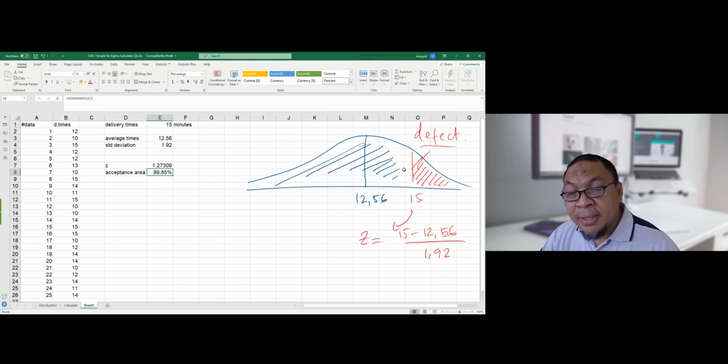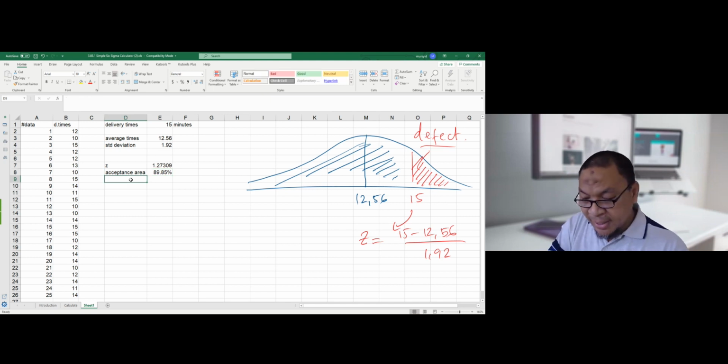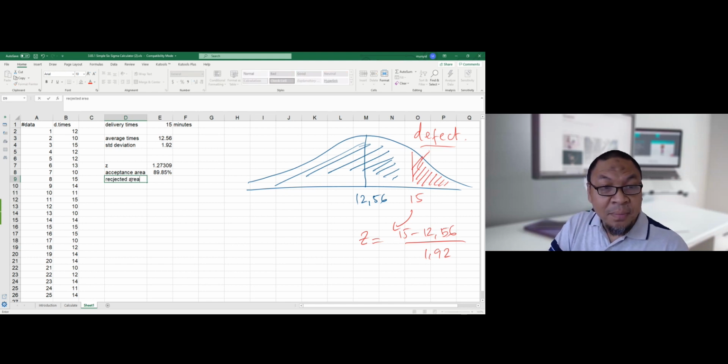That means 89% of the process delivers within 15 minutes, while this is the defect, or rejected area. So that is 1 minus this.